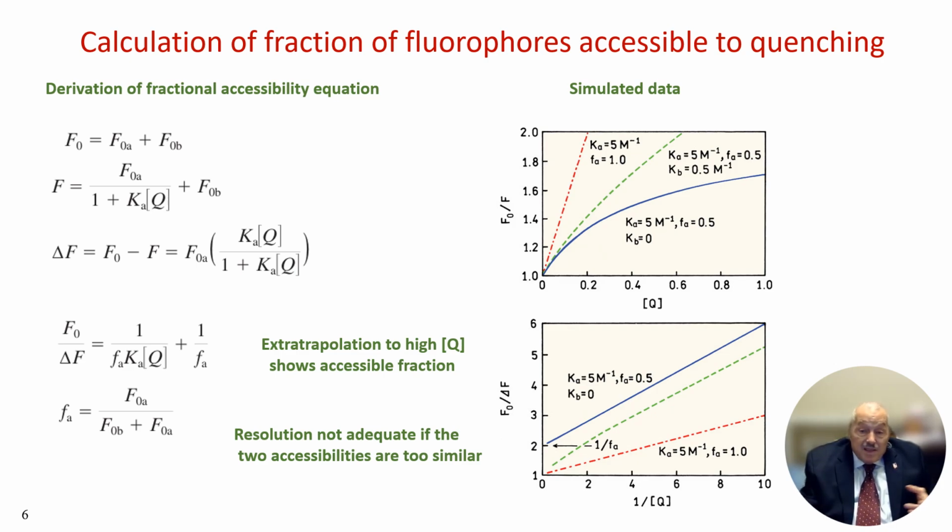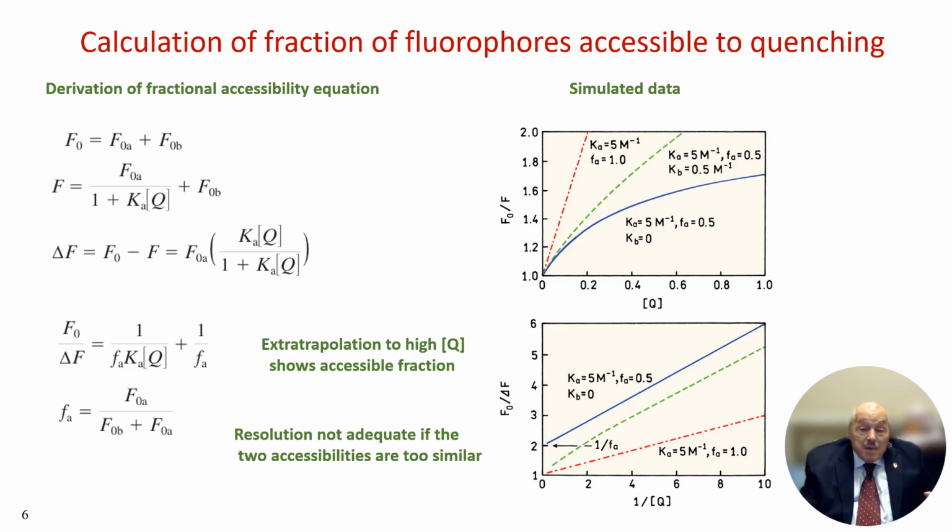So if we make this transformation and we do the extrapolation, which actually turns out to be extrapolation to very high quencher concentration, we can get the reciprocal, the fractional accessibility, or we could say that half of the tryptophans are accessible to quenching.